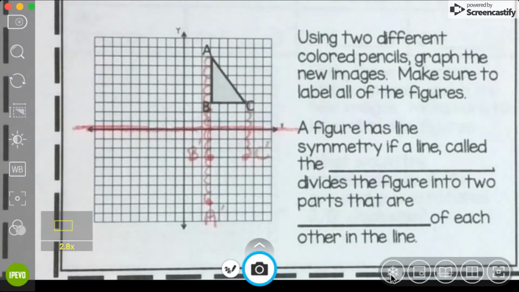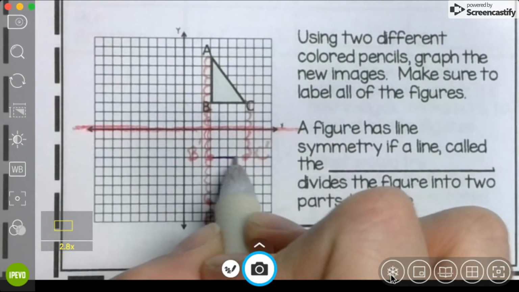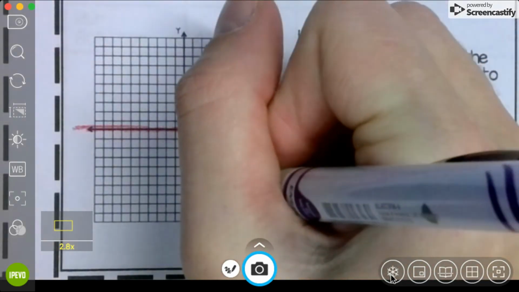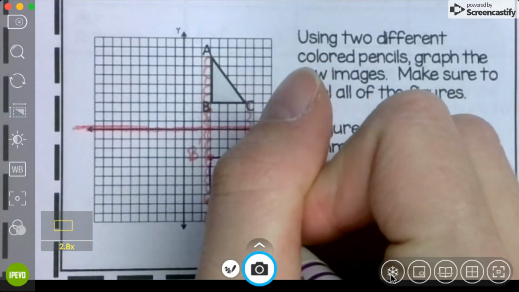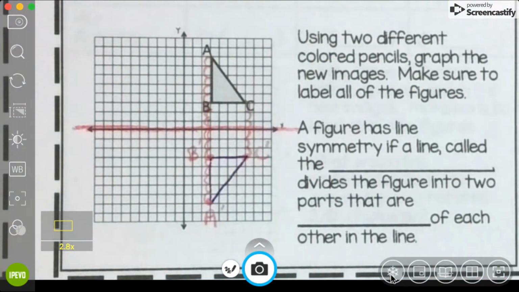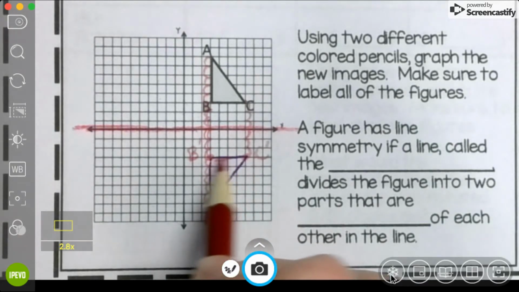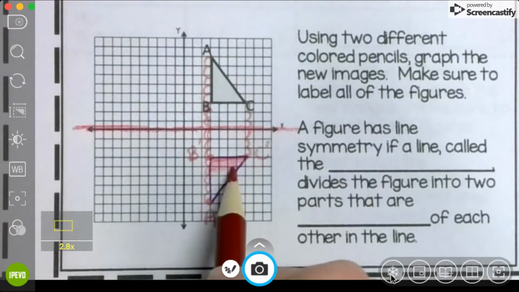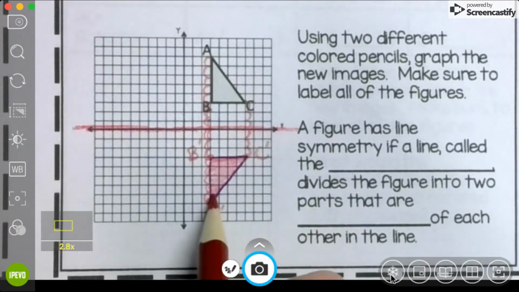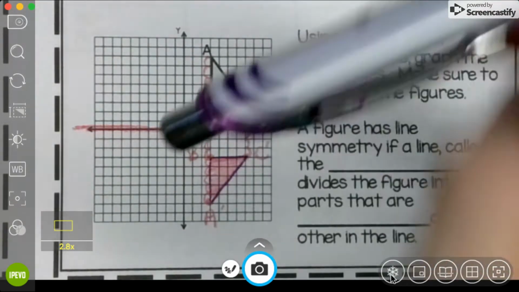Okay? And then I can now make my shape, right? My triangle. My triangle didn't become any bigger, didn't become any smaller. It's the same exact size as it was before, it's just in a different quadrant. Now they want us to write what the coordinates of this new one are.